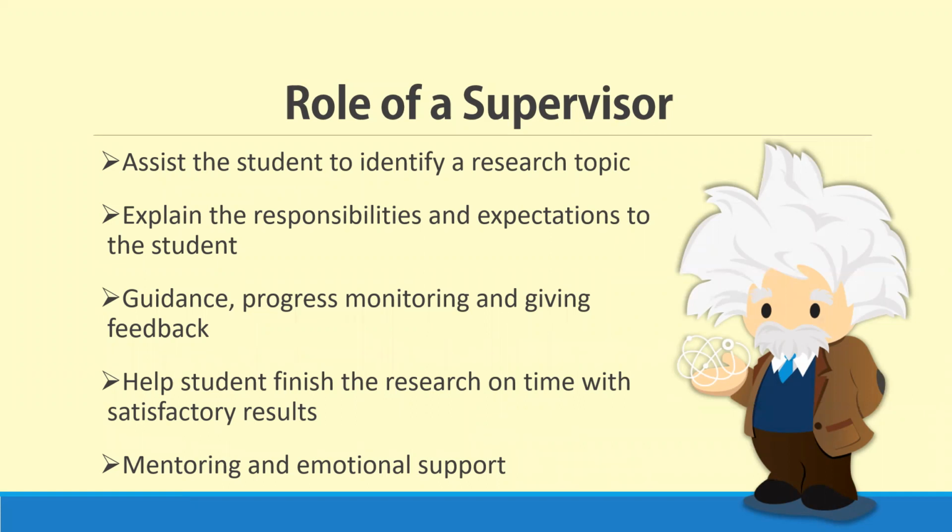And the supervisor can always be a mentor to the student and can provide emotional support as well if it is required. So the student-supervisor relationship is very important to the success of the research and for the academic expectations of both the parties.